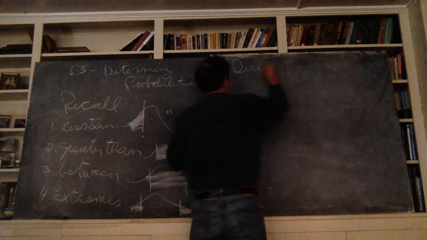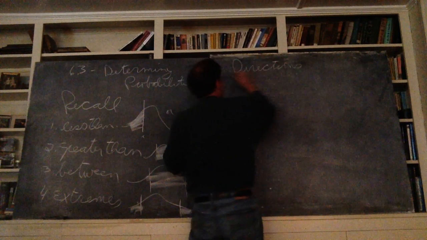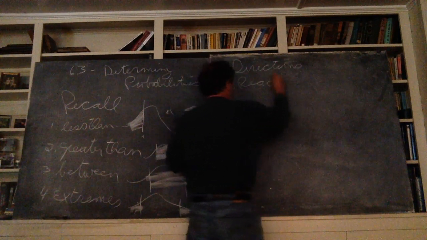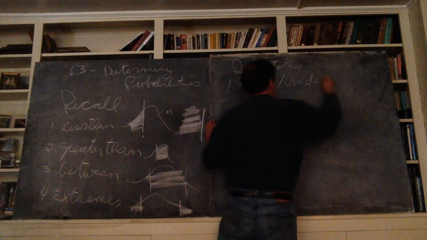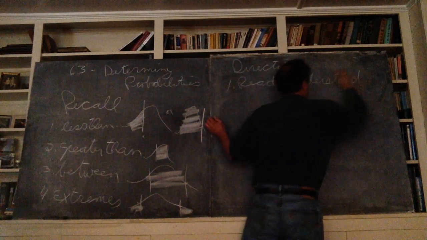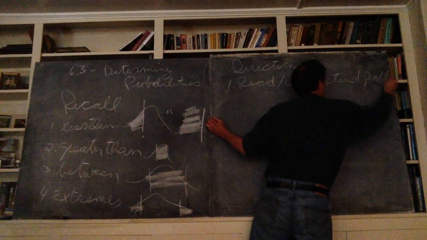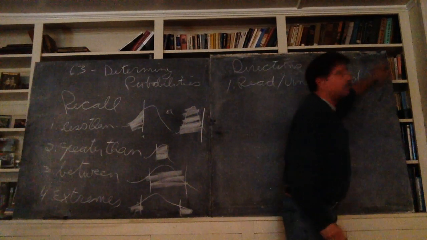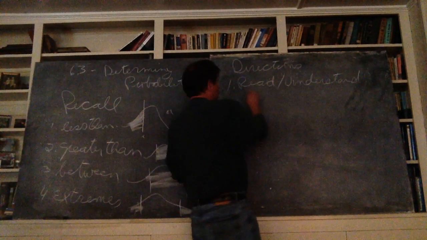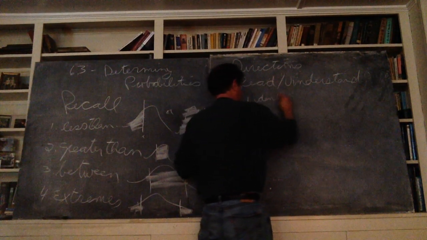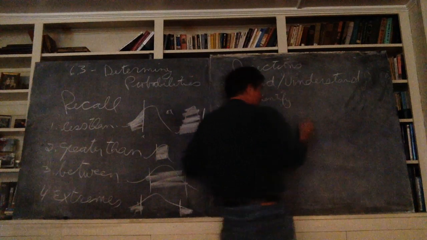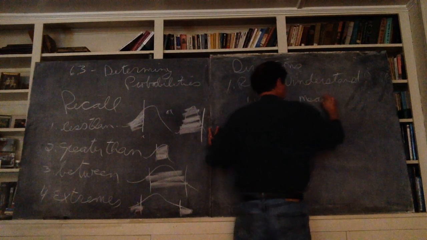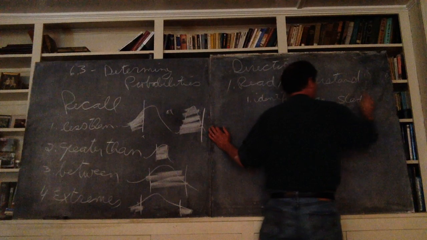So in order to do these, let's give you some direction. Read and understand the problem. And in order to do that, you want to identify the mean and the standard deviation.